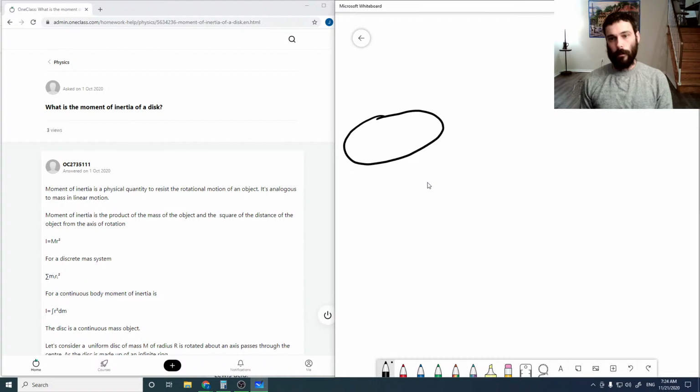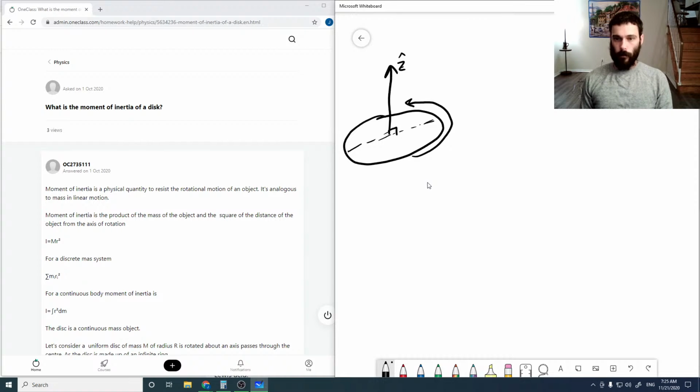Now the simplest is to have the moment be perpendicular to the disk, going through the center of the disk. And so the disk is spinning about that moment. And so that's the easiest moment of inertia to calculate.